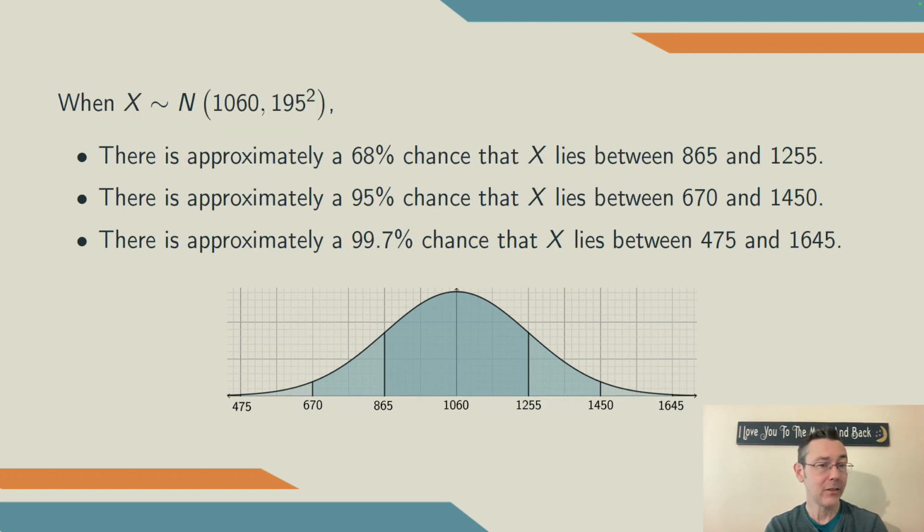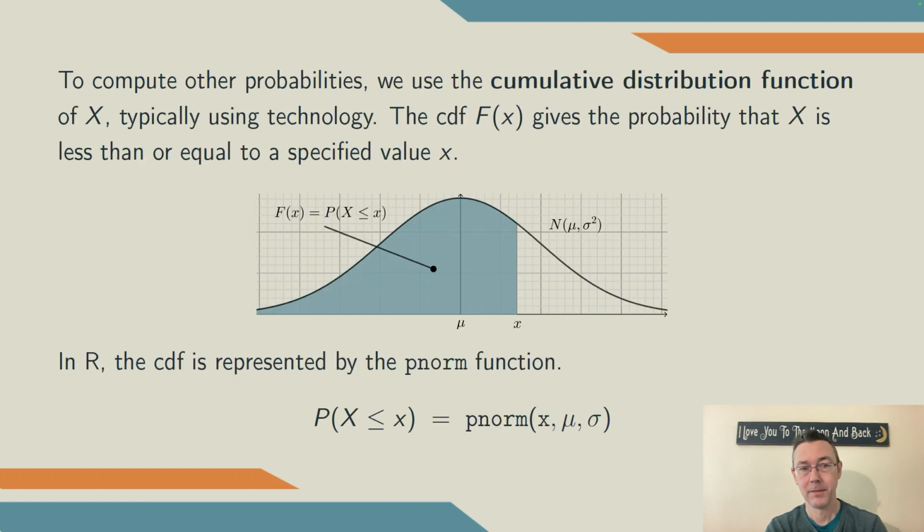So, in that SAT example, for instance, if we pick someone at random, there's approximately a 68% chance that their score is between 865 and 1255, 1 standard deviation below the mean and 1 standard deviation above the mean. And we can make similar statements for 2 standard deviations, 95% chance, and 3 standard deviations, 99.7% chance.